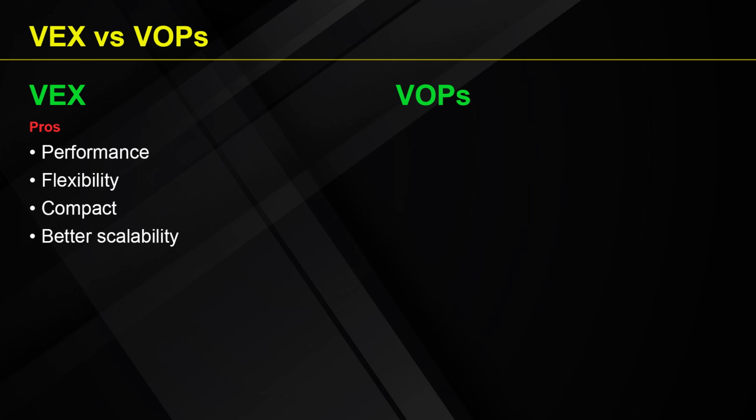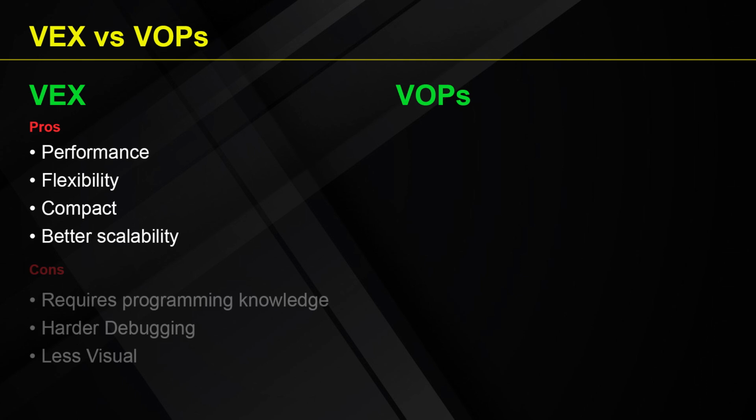Flexibility. You have full control to write custom logic and handle unique scenarios that might not be possible with VOPs. Compact. A single Wrangle node with a few lines of VEX code can often replace an entire network of VOPs. Scalability. VEX makes it easier to manage and expand your projects, especially as they grow more complex. But VEX also has some weaknesses.